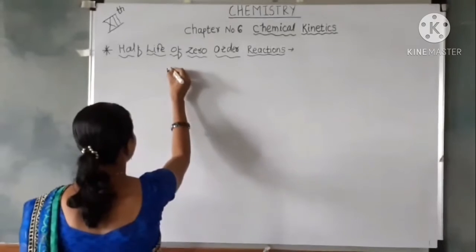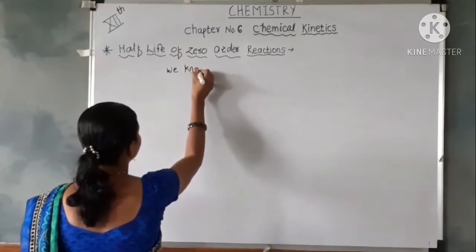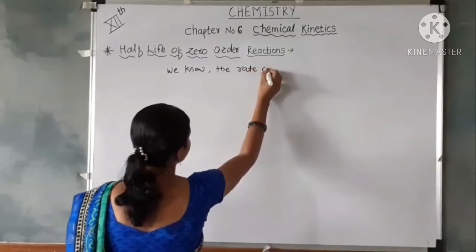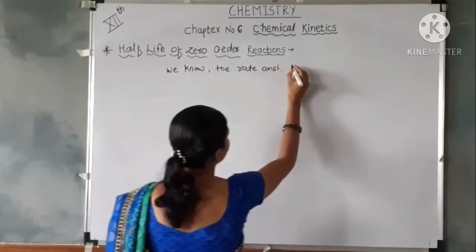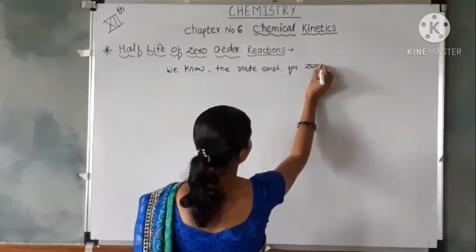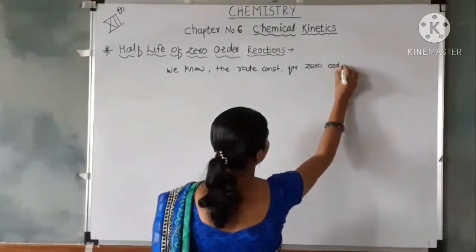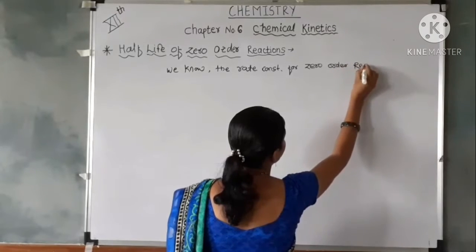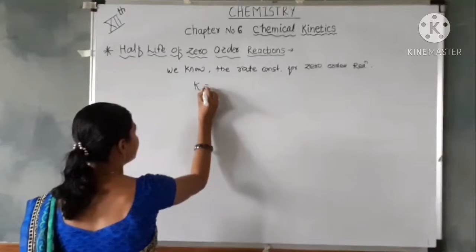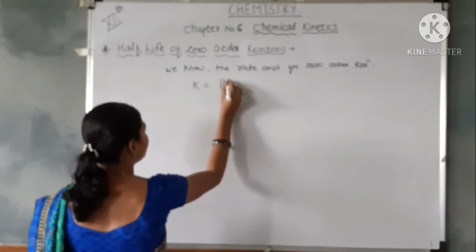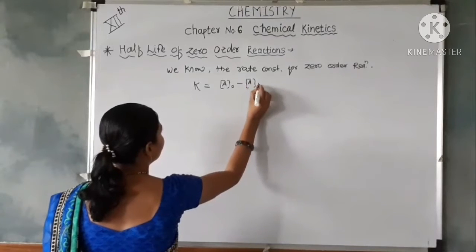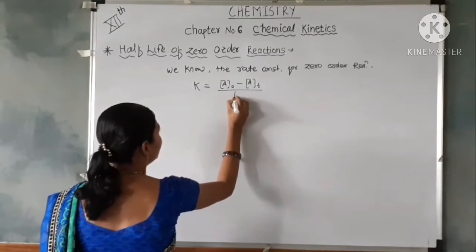We know the rate constant for zero order reaction. We know the equation k equals [A]0 minus [A]t upon t.